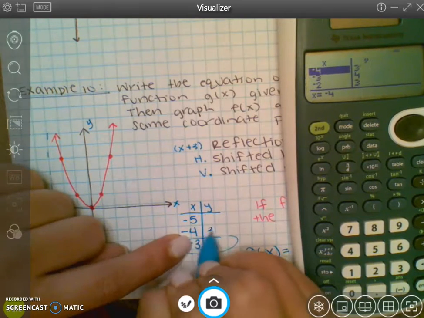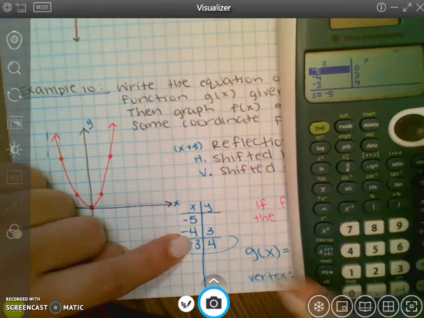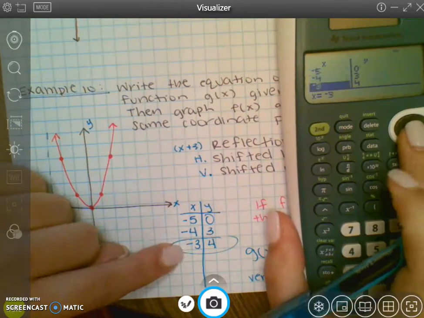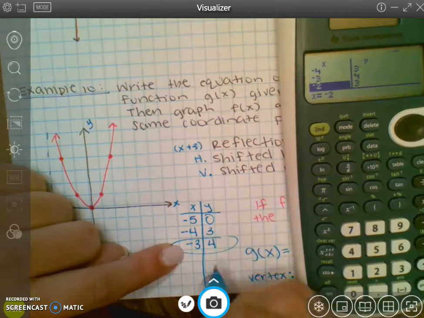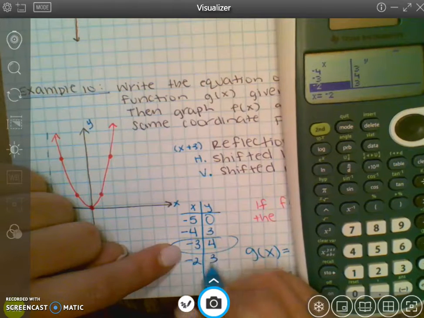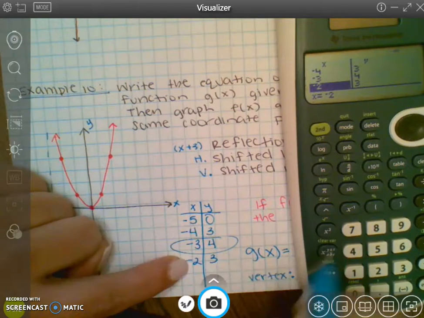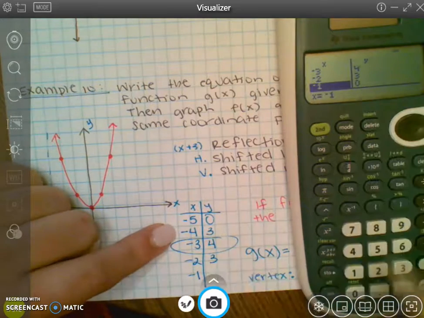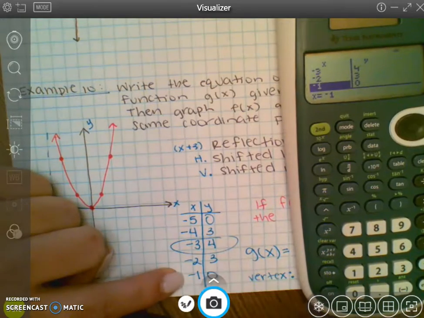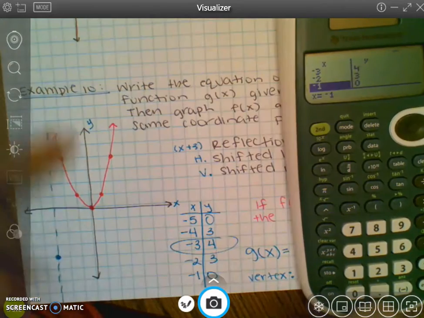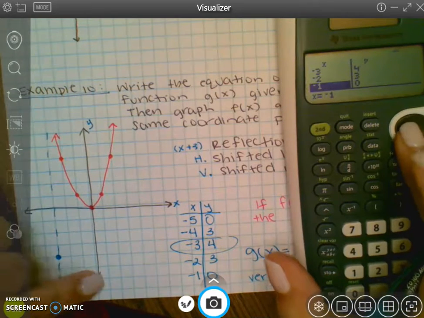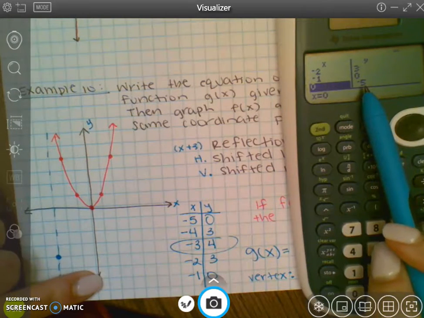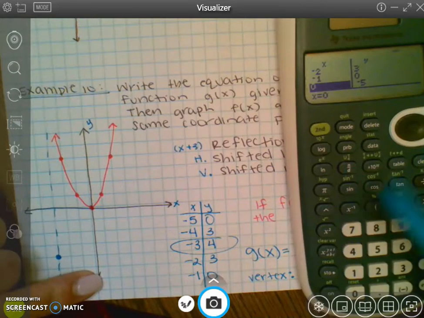So -4 is at 3 and -5 is at 0. Now I'm going to go down. -2 is at 3 and look, it matches, which means -1 should be at 0. And look, it is. Okay, if you want your y-intercept, just go down one more, 0. So 0, -5 is your y-intercept. I'm not going to put that on the graph for right now, though.